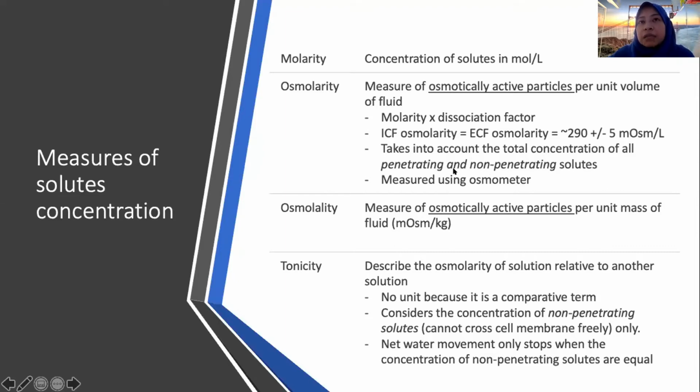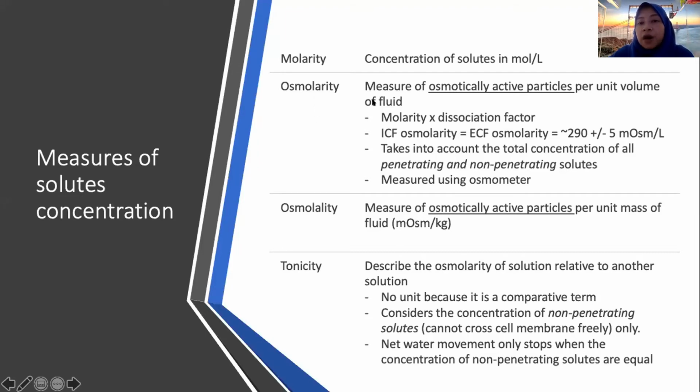Some other molecules like glucose are large and cannot cross the semi-permeable membrane as well. The classic penetrating solute that we usually refer to is urea. Okay, so urea is small, it is uncharged, so it can readily cross the semi-permeable membrane.